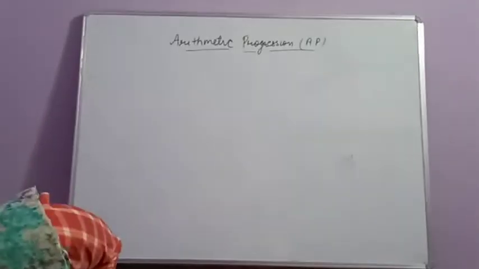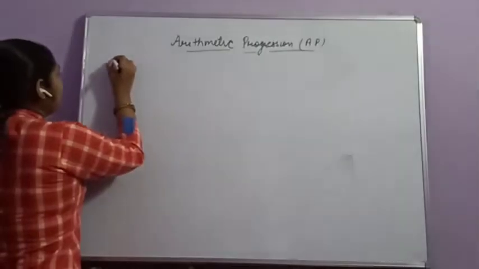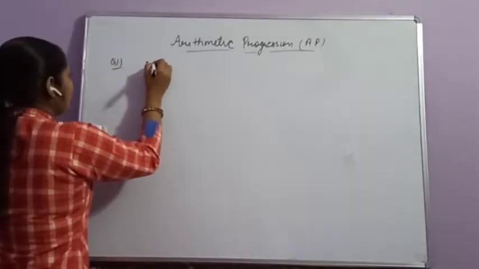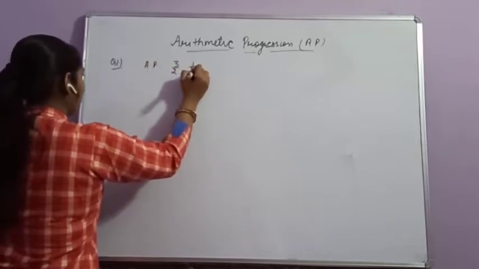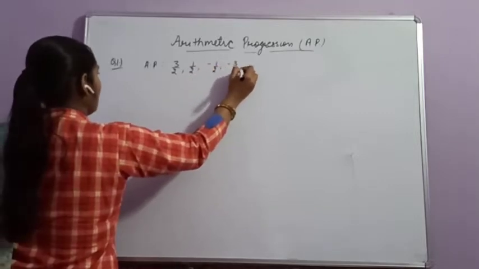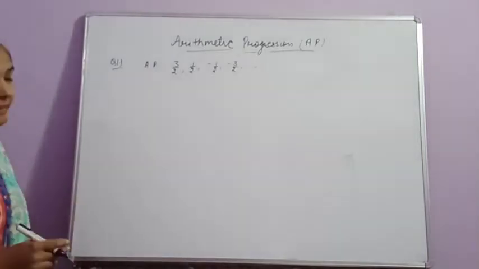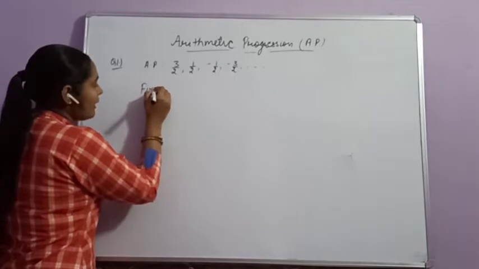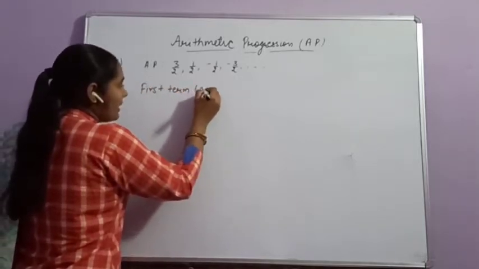First is, for the AP. AP is given 3 by 2, 1 by 2, minus 1 by 2 and minus 3 by 2 up to infinity. Write the first term and common difference. And we know that first term of an AP is represented by small a.